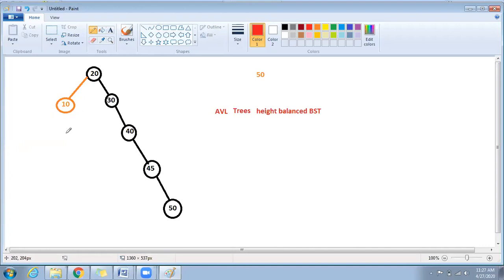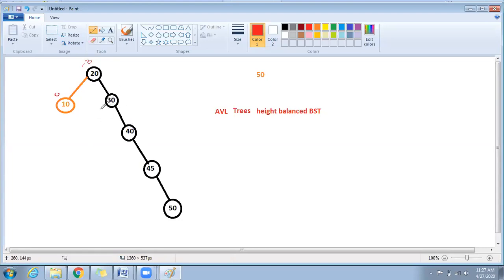The left and right height difference is 0. What about the height on this side? 1. What about the height on this side? 4. So what is the height difference here? Left 1, right 4, so 1 minus 4, that is minus 3.